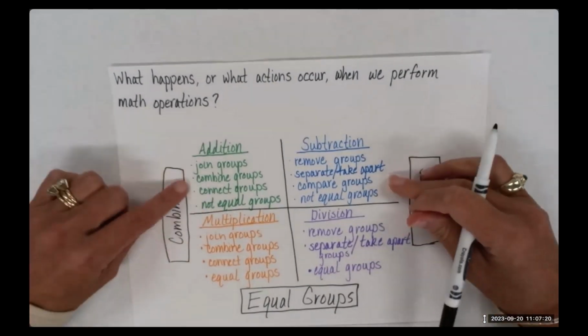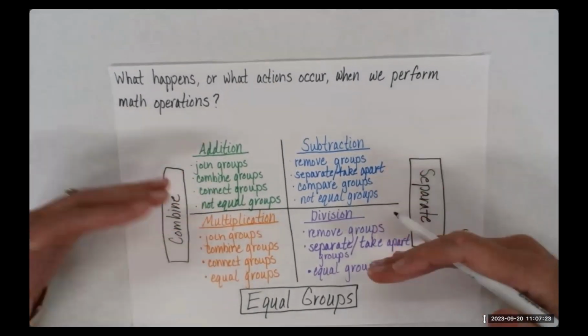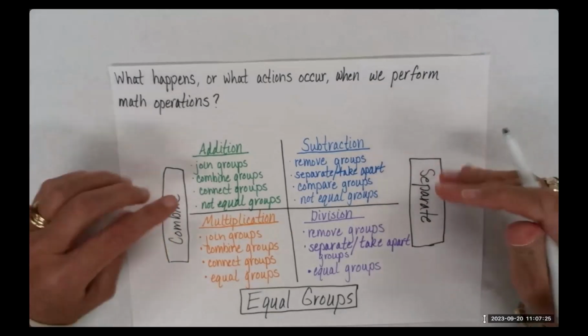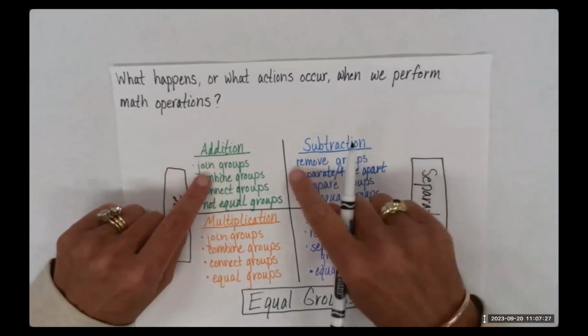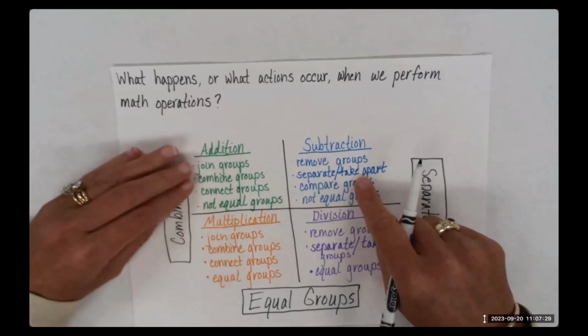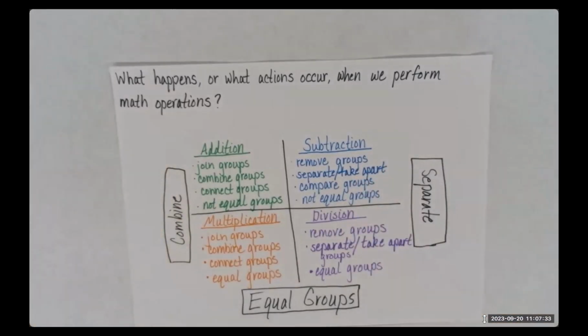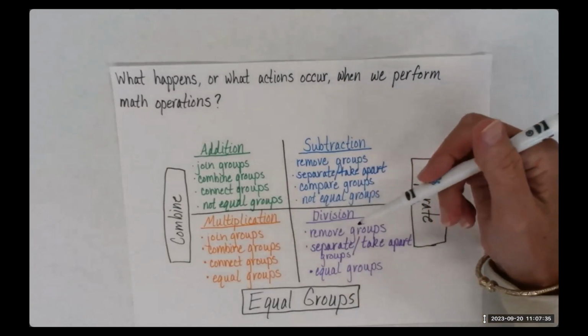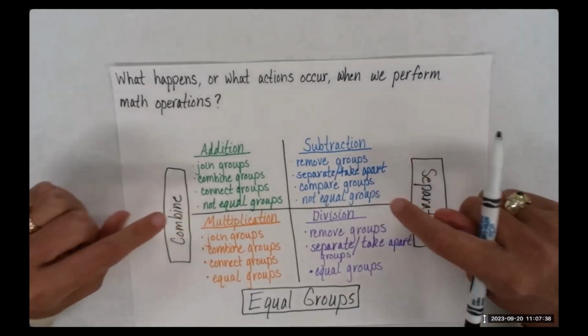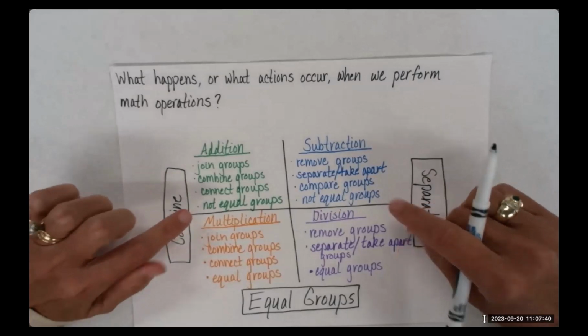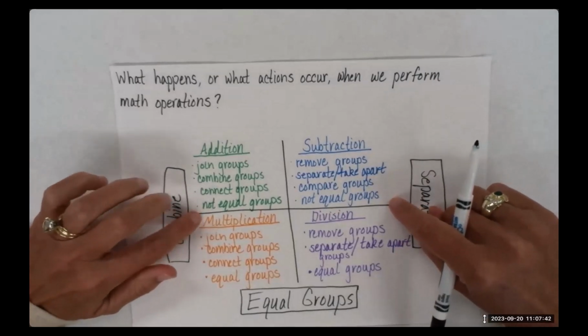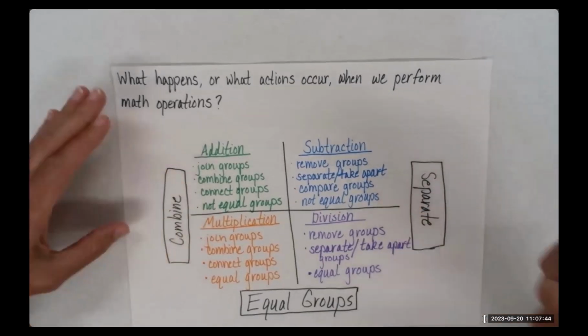Then I have the same conversation about addition and subtraction, and it does not matter the order you have this in. Again, the actions are completely opposite of one another. Addition, we join groups, or subtraction, we remove groups or compare them. But what is the same is that now, again, most often you are removing groups that are not equal, okay?